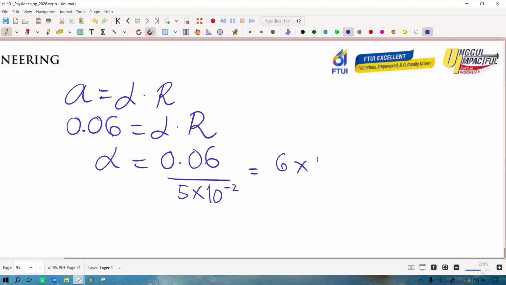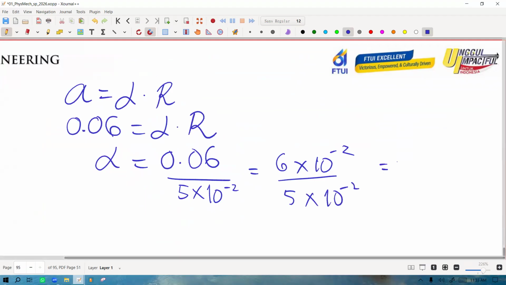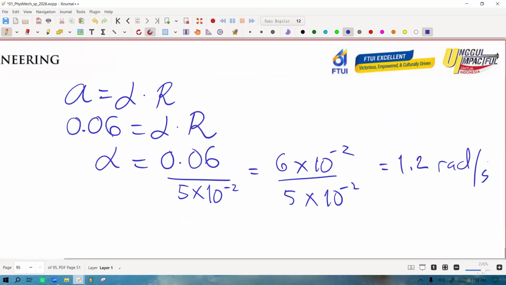So 6 times 10 to the minus 2 divided by 5 times 10 to the minus 2 is 1.2. So alpha is 1.2 radians per second squared.